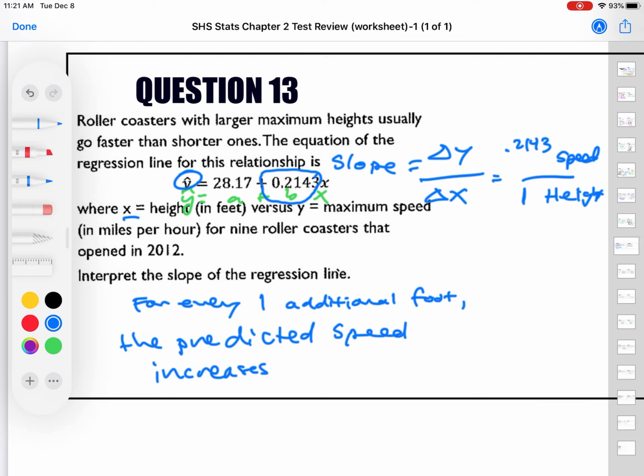Again, why does it increase? Is because this is a positive number by 0.2143 miles per hour. What does that basically mean? As the roller coaster gets taller, it goes faster.